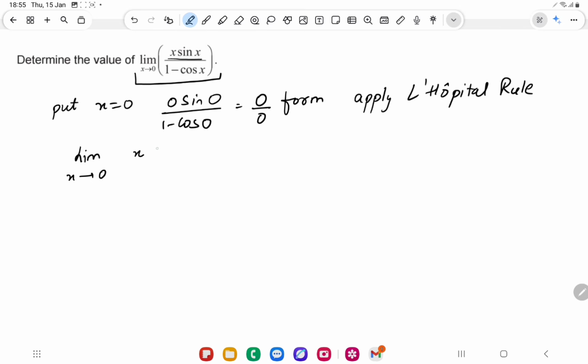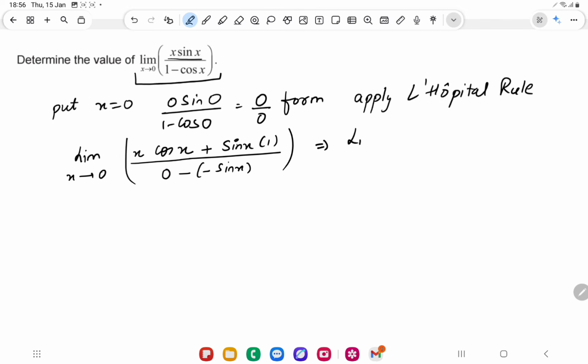So x as it is, sine x derivative becomes cos x, plus sine x as it is, derivative of x becomes 1. Whole divided by derivative of 1, which is 0, minus derivative of cos x, which is minus sine x. Now if I want to further simplify this, I can write it as x cos x plus sine x whole divided by sine x.